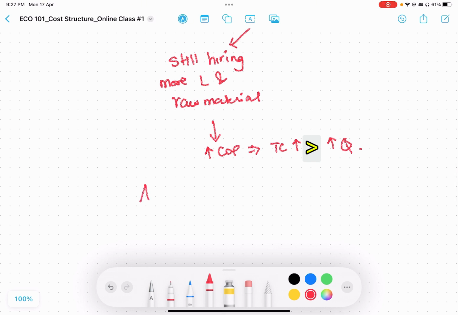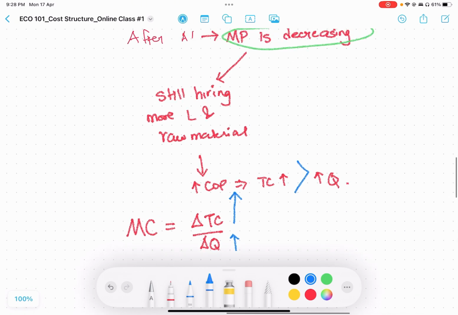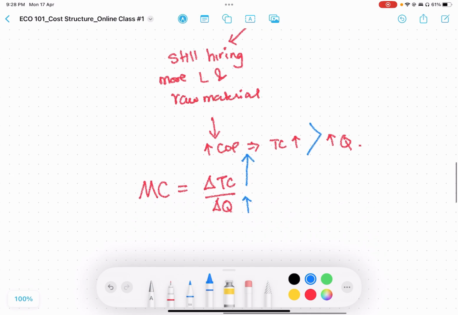So if I write this down, the marginal cost formula is change in TC by change in Q. The total cost increases much more, but the quantity doesn't increase by so much. You're still hiring more labor and raw material, the total cost is increasing, but because of diminishing returns, the increase in quantity is much less than the total cost increase. And so marginal cost is going to start rising.